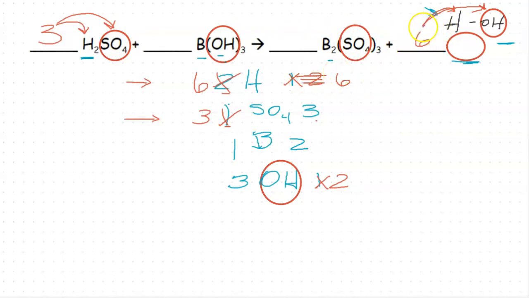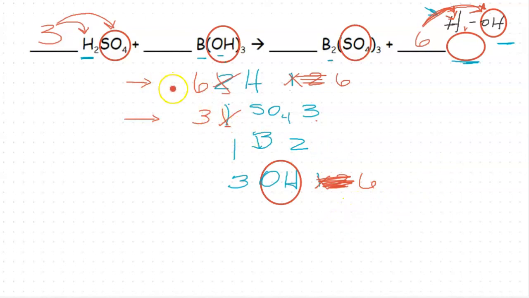This 6 replaces the 2, and I now have 6 hydrogens, but because the 6 replaced the 2, I now also have 6 hydroxides. Remember, I'm multiplying that 6 times the understood 1, so the 6 just replaced the 2.